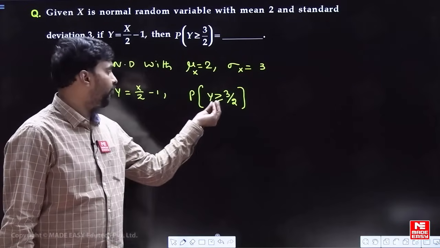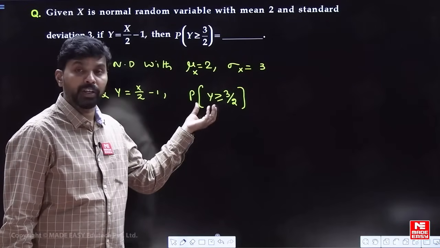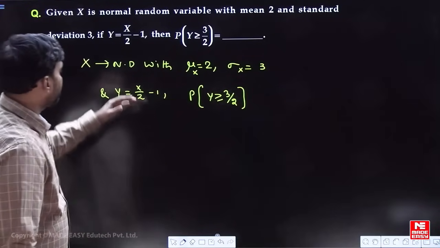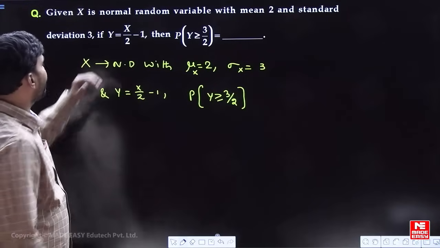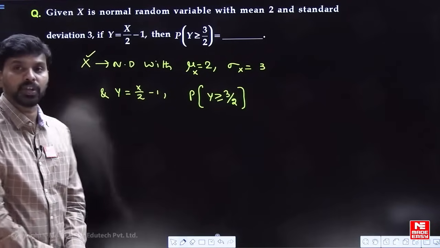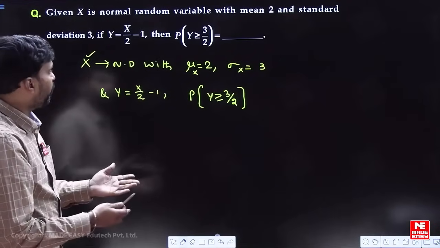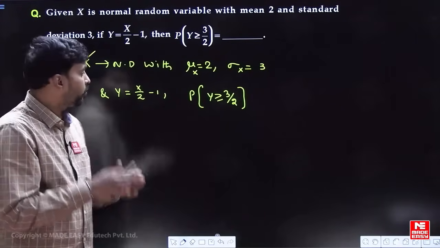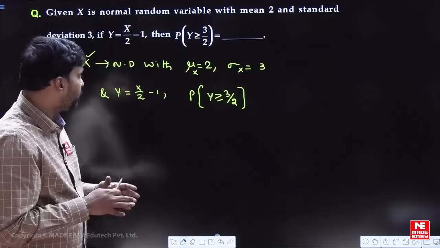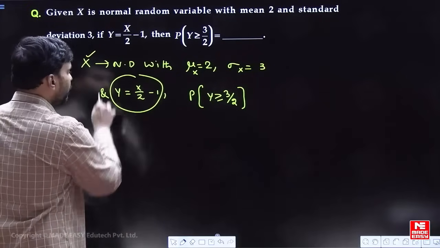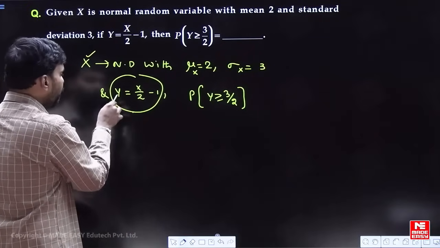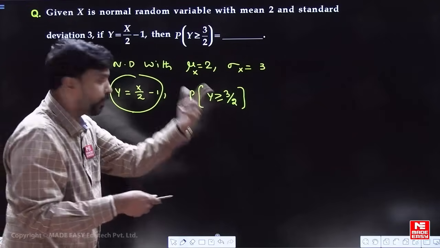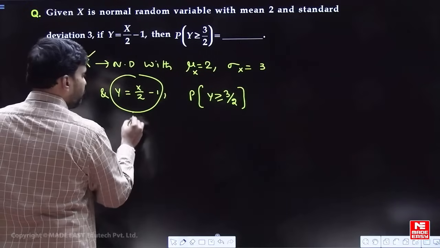So we have to find the probability for y greater than or equal to 3 by 2. But actually the distribution is given for x, not y. So here we can have the probabilities for the x random variable only. Therefore, using this relation, we will transform this y value into an x value. How?